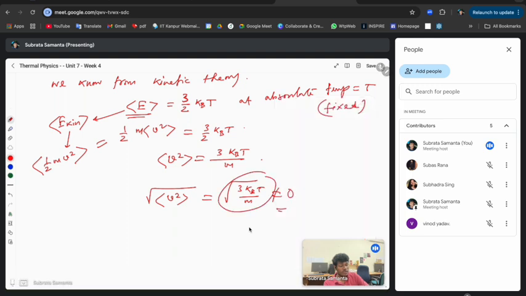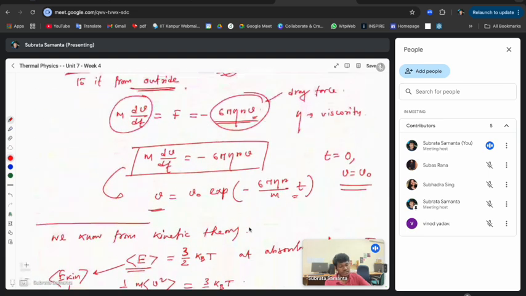So it gives a constant value at a certain temperature T. When we fix the temperature, the square root of v square average gives a non-zero value. But we see that the velocity changes with time, right?